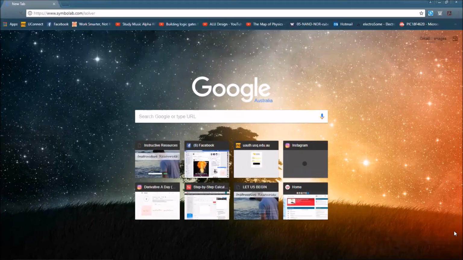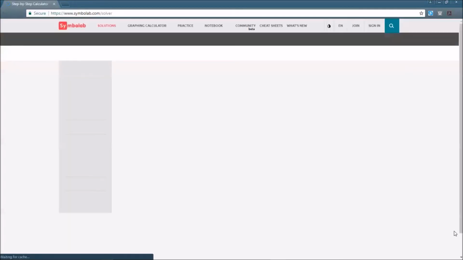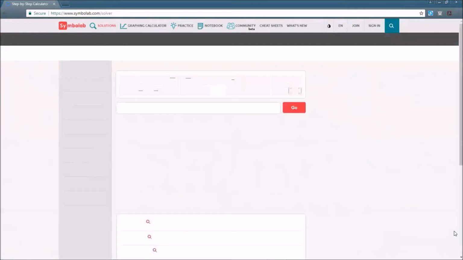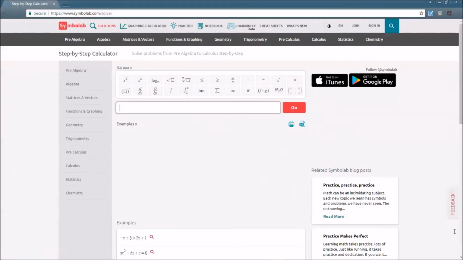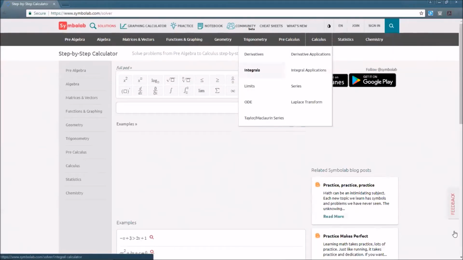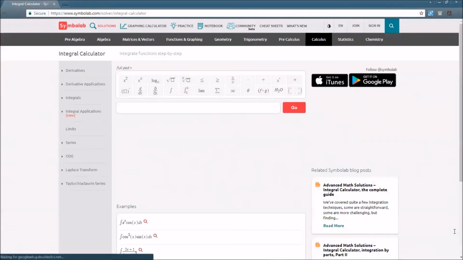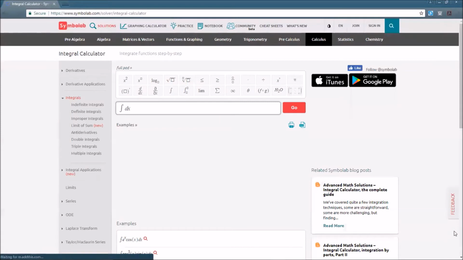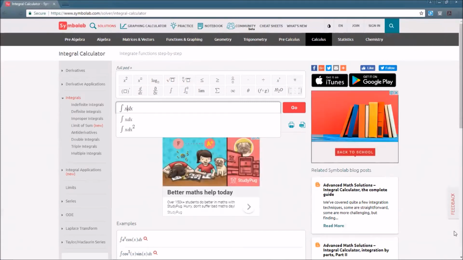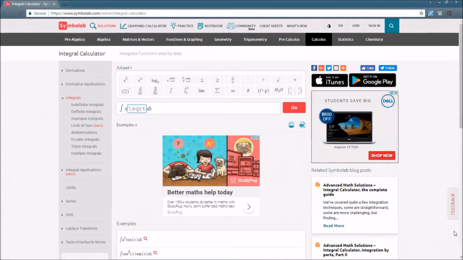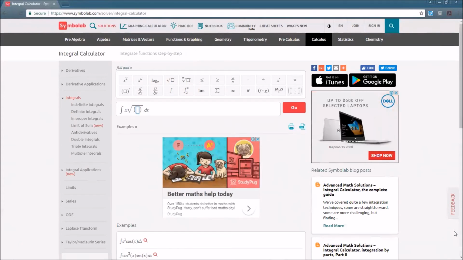Symbolab solver. d/dx. Now I think square root is sqrt. Yeah, sweet. And x plus 2.